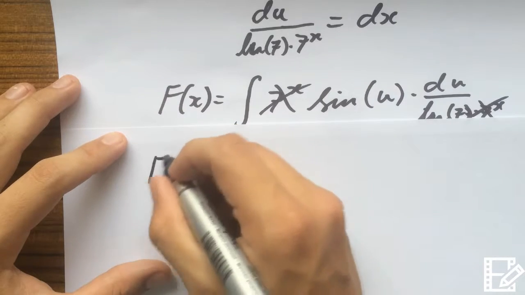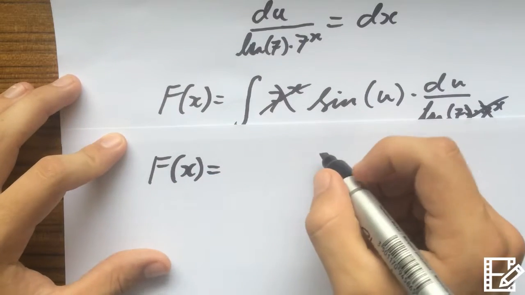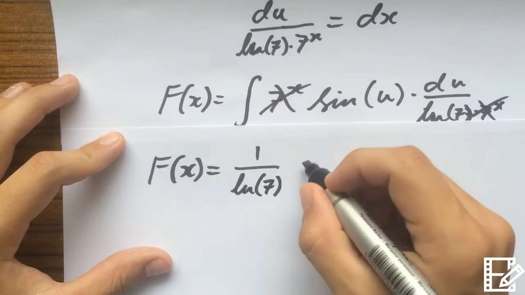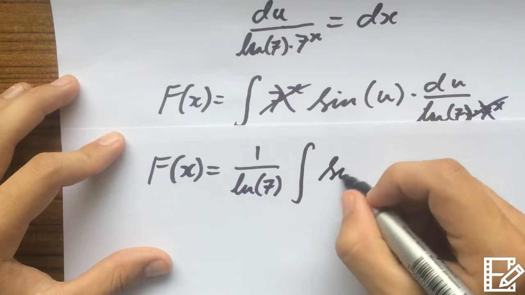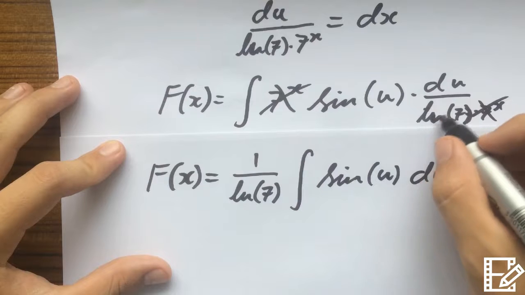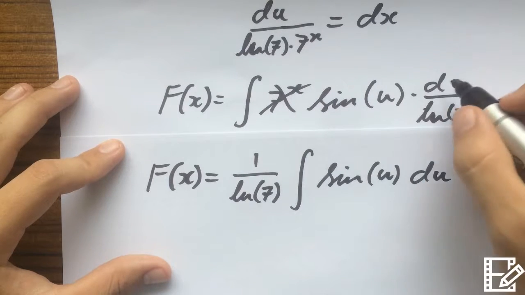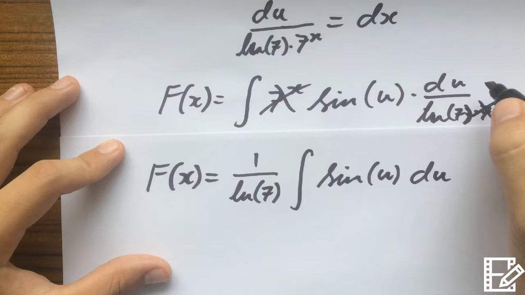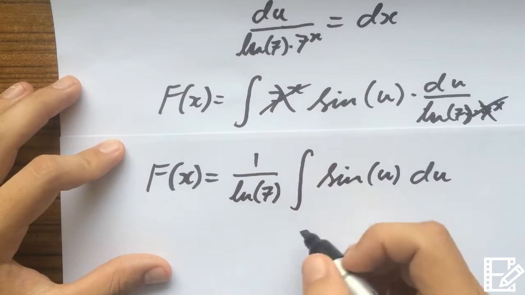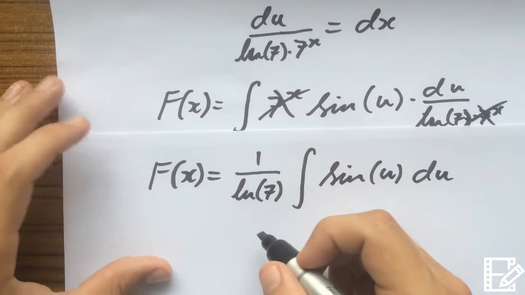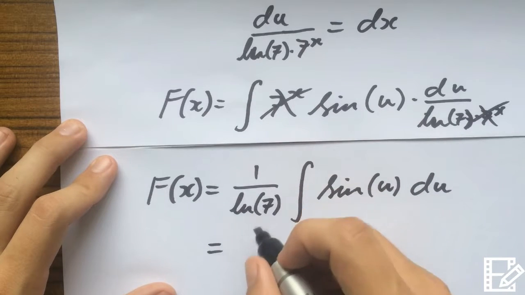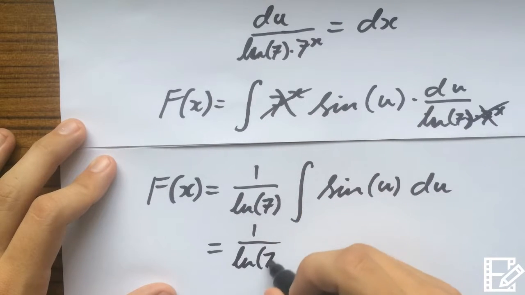So we have our capital F of x, and then we have our 1 over ln of 7 times the integral of sine u du. This is just a simplified version. So I'm just bringing this out the front, because it's a constant, so you bring the constants out of the integration process. So now we have it on its own, 1 over ln of 7.